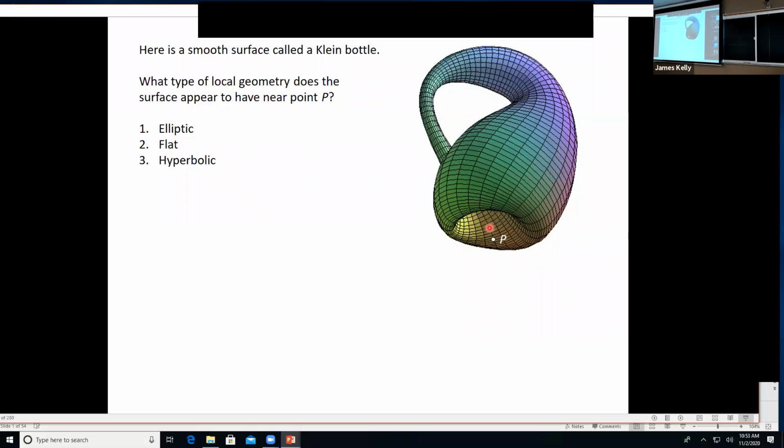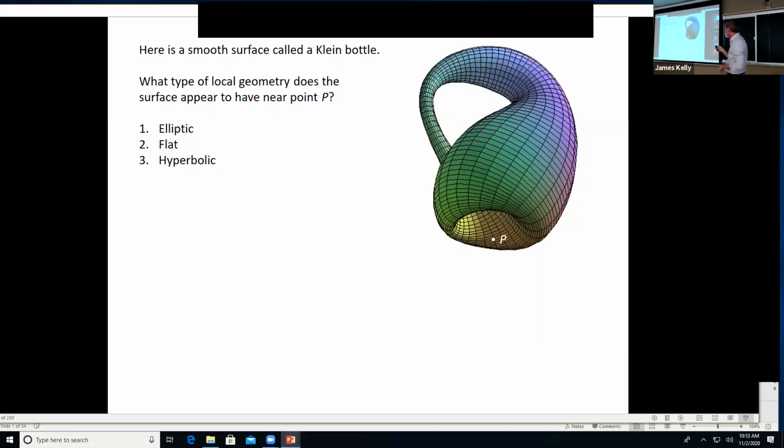Whereas as I come around here and go over the edge and down to the bottle, I'm actually going around in this direction. I should do it where the camera can see me. So in one sense, I am going around and up like this, whereas if I go in the other direction, I'm curving downward. I'm getting confused about how to draw this with my hands by looking backwards.